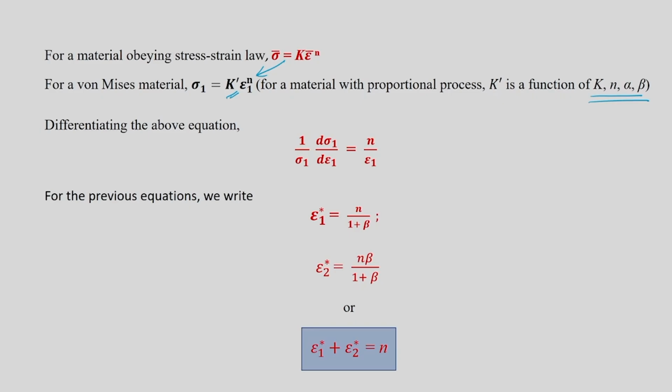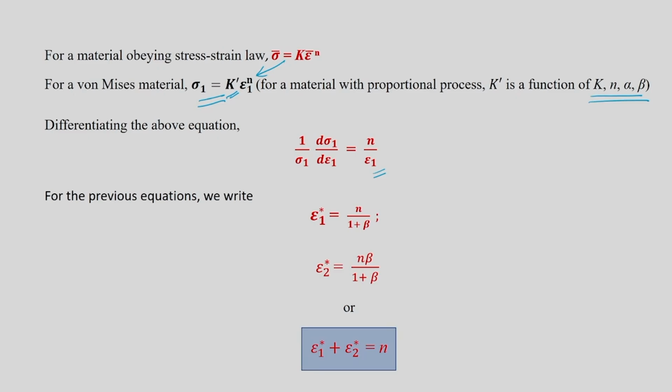Now, if you differentiate this particular equation and put a condition, you will see that 1 by sigma 1 d sigma 1 by d epsilon 1 will be equal to n by epsilon 1. It is going to be a similar derivation as we did before, only on the right hand side you have n by epsilon 1.